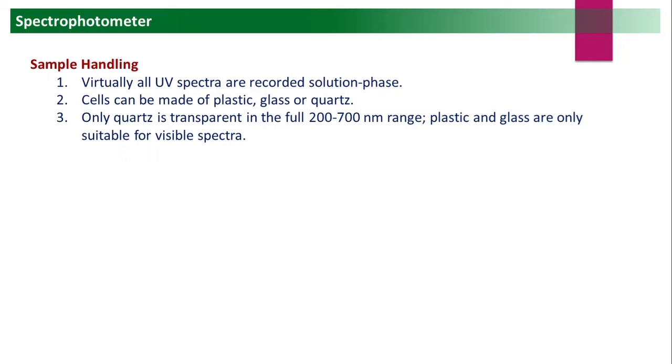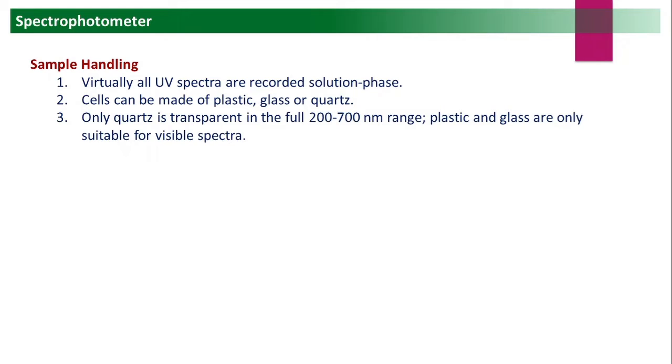But mostly quartz is used, because quartz is transparent in the full range, that is the full band of 200 to 800 nanometer. That's why quartz cuvettes are used for holding the solution, while plastic and glass are only suitable for visible spectra, because plastic and glass absorb in the UV region.